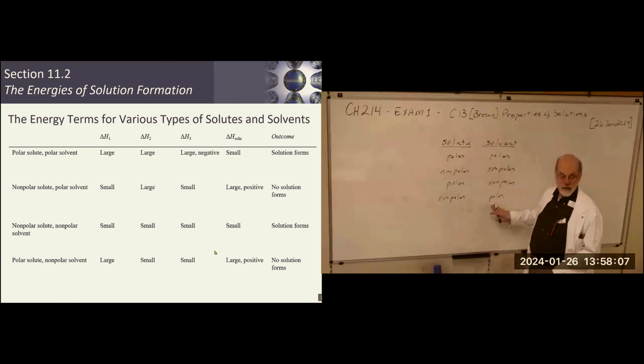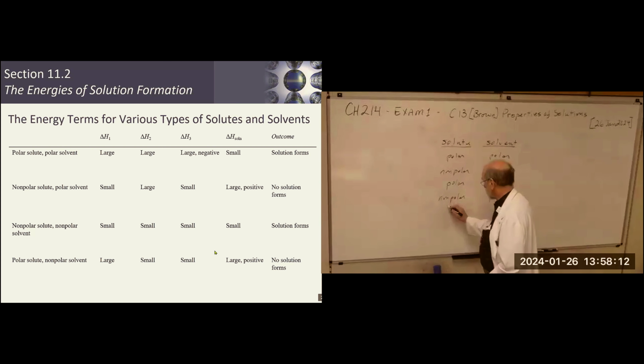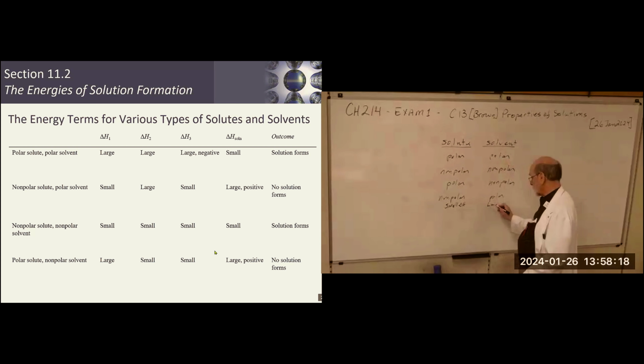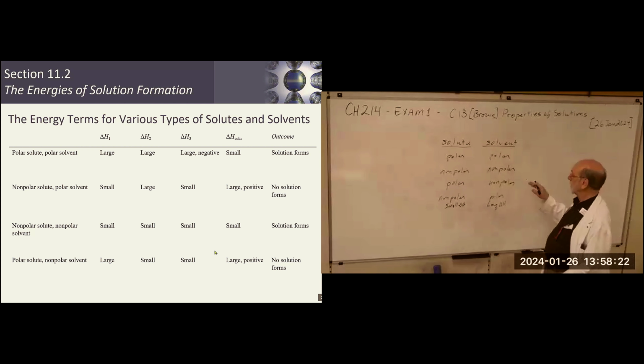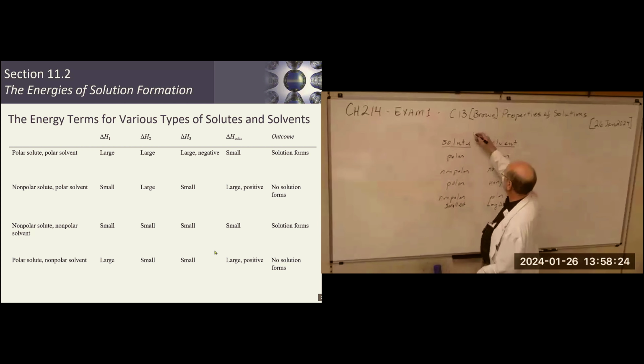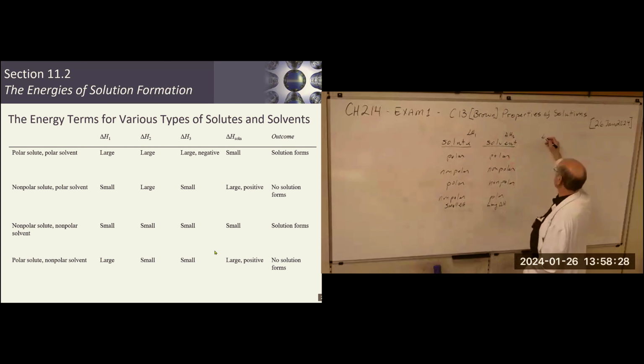But this one requires a lot of energy. So this is small delta H. This is large delta H. Okay, to get those apart. Now this would be delta H1, delta H2. How about delta H3?